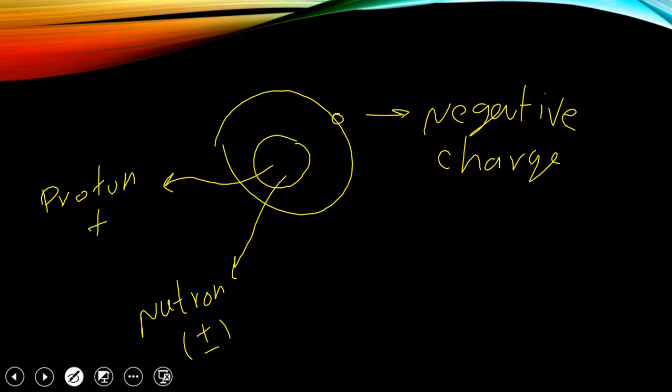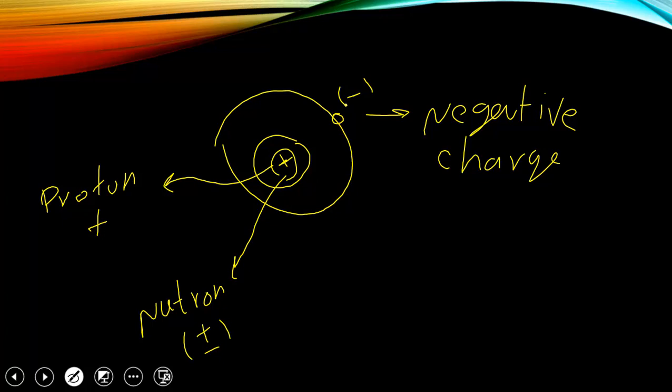They rotate around the nucleus because of the attraction force between the positive protons inside the nucleus and the negative electrons outside the nucleus. This means that all electrons rotate around the nucleus according to the attraction force from the positive nucleus.